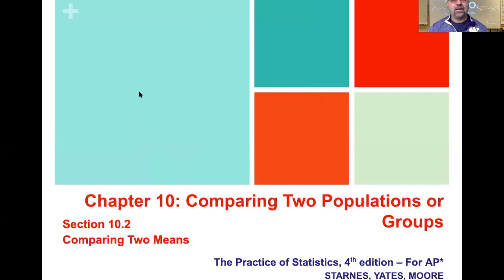And then recently, thanks to one of our students who was very adamant that I include that, we put in one about two proportions. And so much like the two proportions ones, we're comparing two groups now. So population 1, which has a mean, which we'll call mu1, and then population 2, which has a mean, which we'll call mu2.